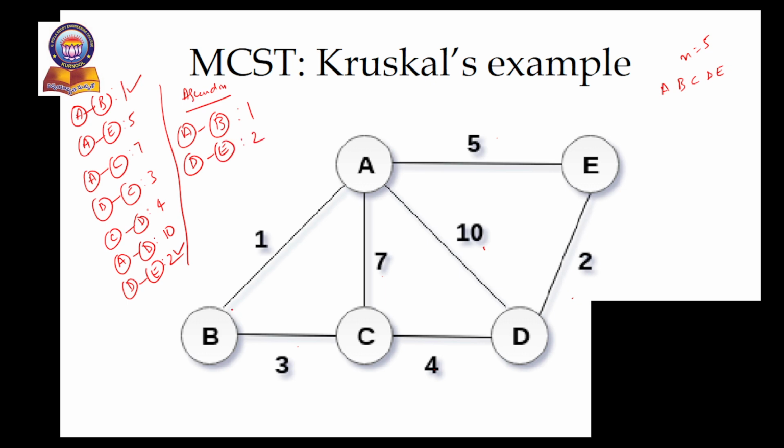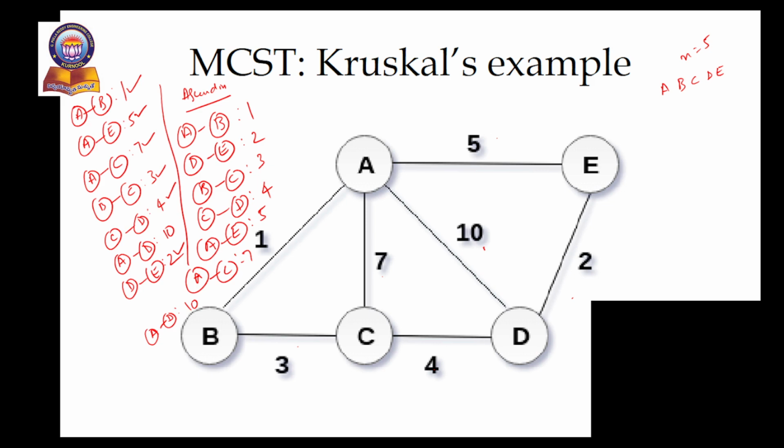Then B to C with the cost equal to 3, and C to D with the cost equal to 4, and A to E with the cost equal to 5, and the next minimum is A to C with the cost equal to 7, and the last is A to D with the cost equal to 10. Then connect these edges.